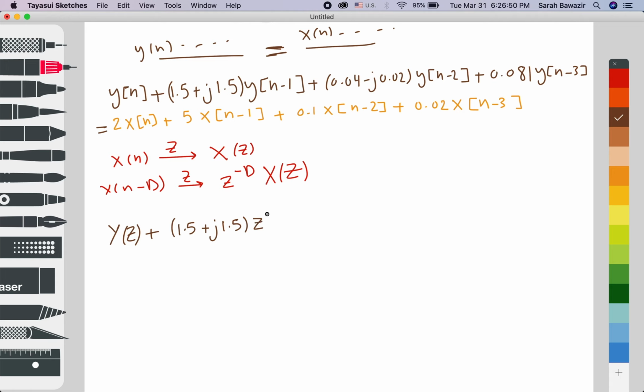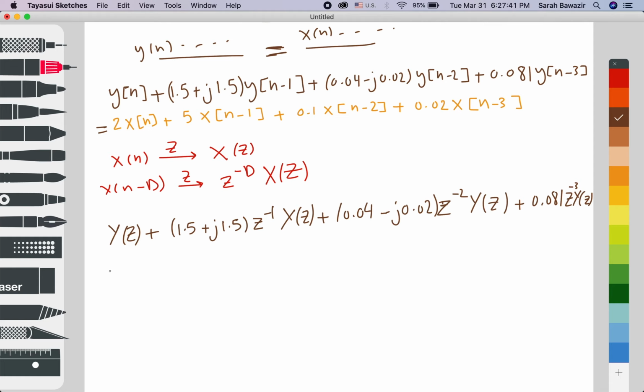There's a delay of 1, so z minus 1 Y of z, plus (0.04 minus j0.02), and then the z transform of this is z to the power minus 2 Y of z, plus 0.081 z minus 3 Y of z.